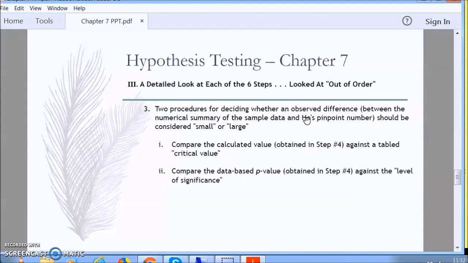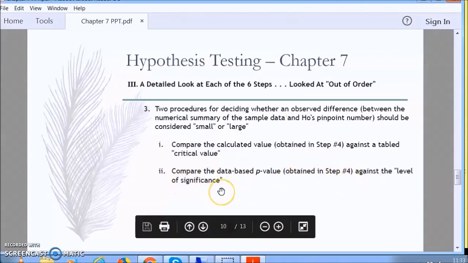So it is the opposite. If the calculated value is larger than the critical value, then the null hypothesis is rejected. But if the p-value is smaller than the level of significance, then the null hypothesis is rejected. So this is the same whether you do the critical value or you do the level of significance.